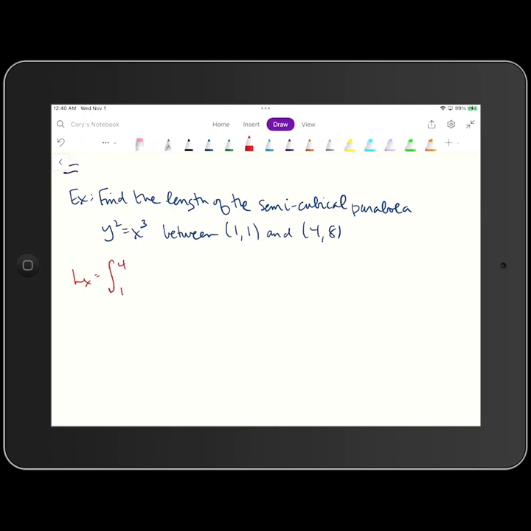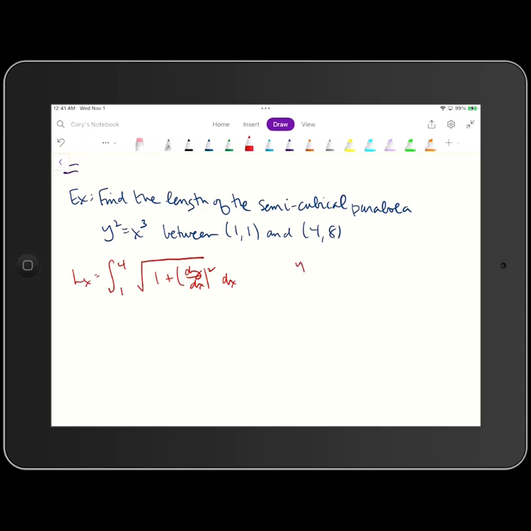So those are going to be the limits of integration. And then we are going to integrate the square root of 1 plus dy over dx, quantity squared, and we're going to integrate that with respect to x. So what I need to do here is I need to get y written as a function of x.